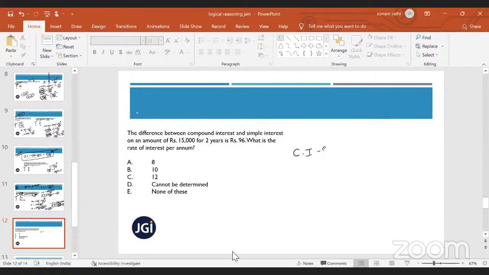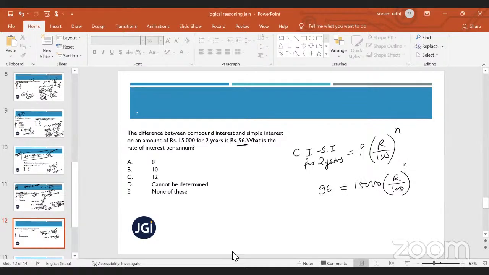CI minus SI for 2 years is equal to P bracket R by 100 to the power n. CI minus SI is given to you, 96. P is given to you, 15,000. R you need to calculate, upon 100 to the power 2.